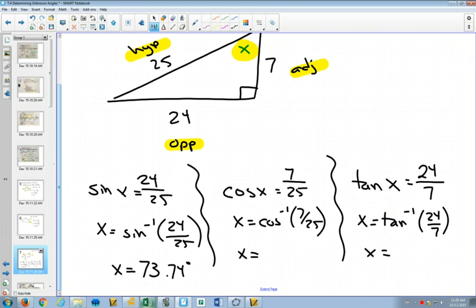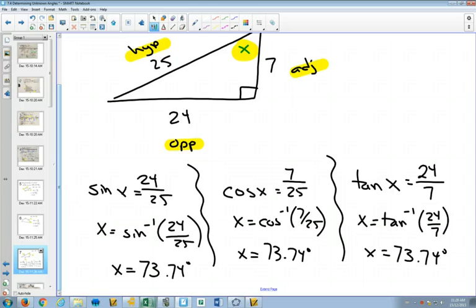Anyone do tan? What did you get for tan? Or what did you get for cos? Same thing.